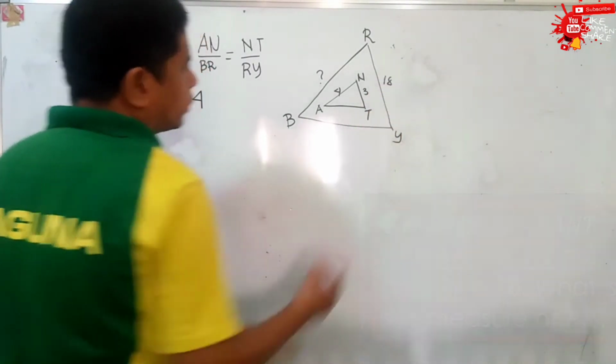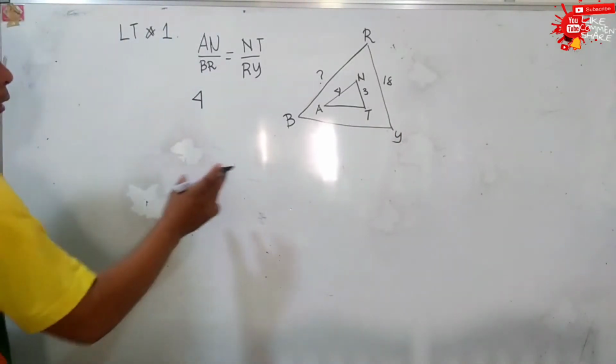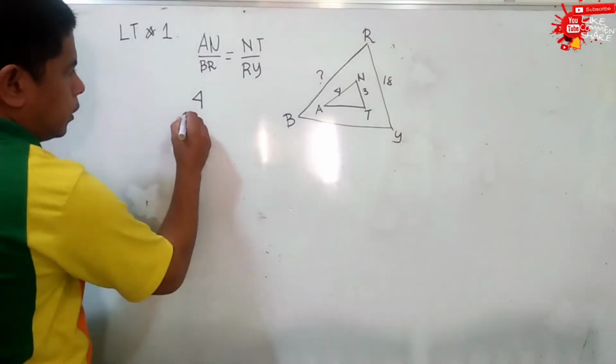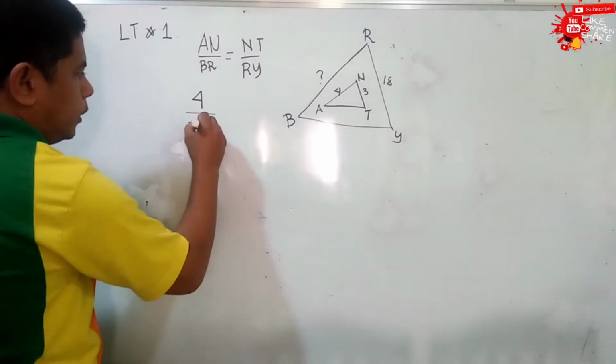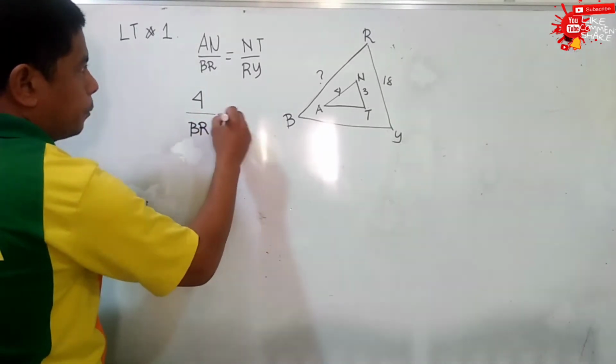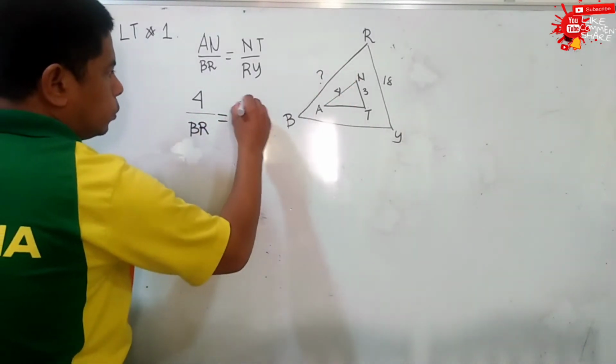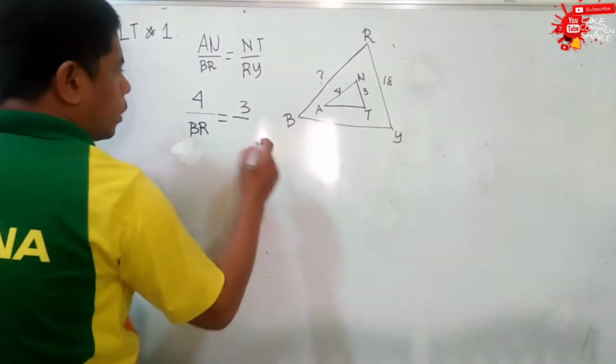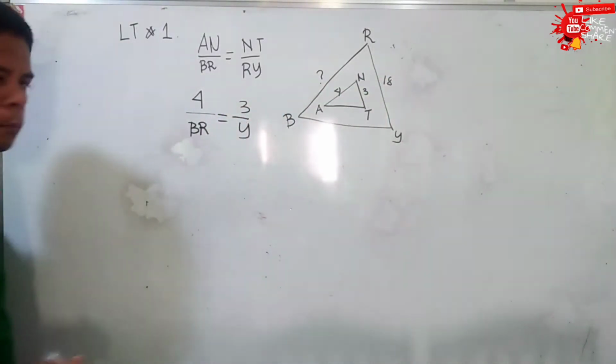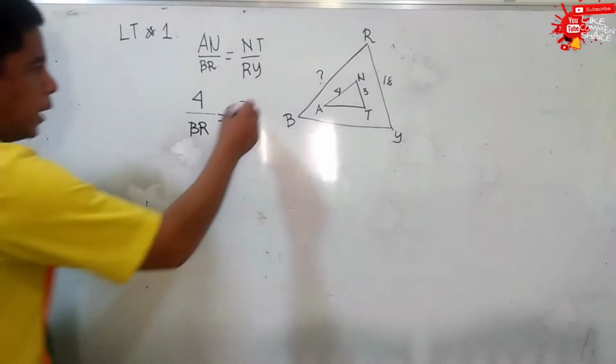So, isubstitute lang po natin yung ating given. So, AN, which is 4, over BR, yan po yung ating hinahanap, equals NT, which is 3, over our RY, which is 18. Mathematical equation, cross product.